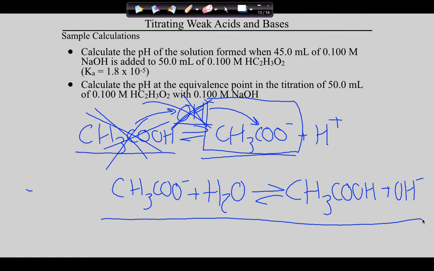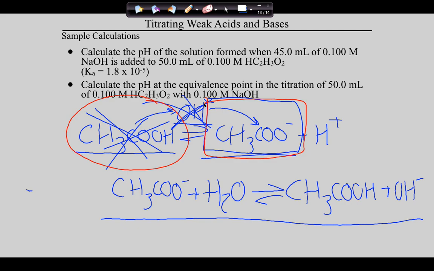Do the math. We know the volume in milliliters. We can convert that to moles. So if we can determine the number of moles of this that we started with, we then know the number of moles of this that we have at equivalence.